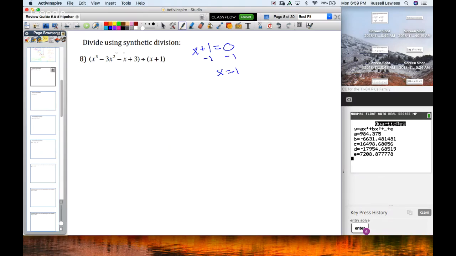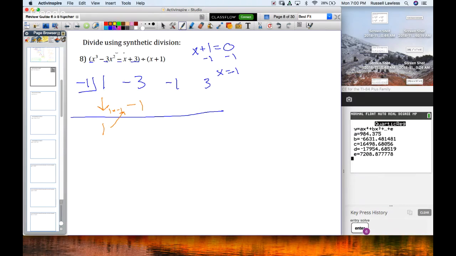And so once you find that 0 to be negative 1, what we're going to do is bring out these values. So these values for synthetic division, I'm looking at the leading coefficients of each value. So that'll be a 1, then a negative 3, then a negative 1, and a 3. So the way that we do synthetic division is we bring down the 1 and then multiply 1 times negative 1, which will give us a negative 1.